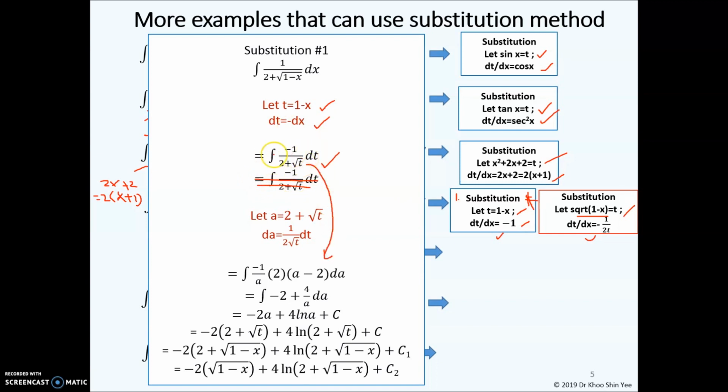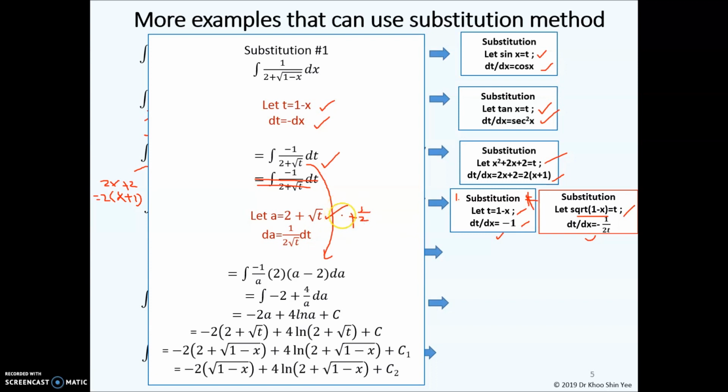So to transform this form to the next form, we can let the substitution A equal to 2 plus square root t here, because when we differentiate, we get dA over dt, where the constant becomes 0. So we have a term here, t to the power of 1 over 2.